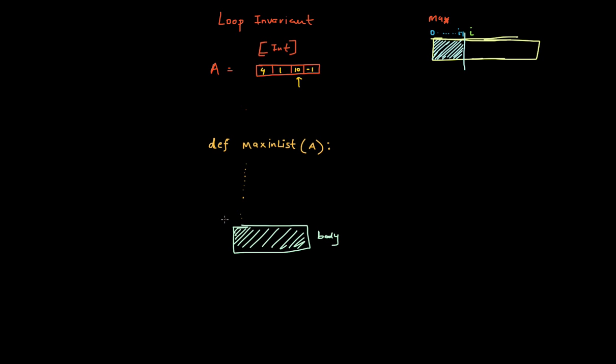What I have here is the start of my while loop, with some condition, and this over here is some return statement, where I return whatever is the max element that I found. Just to be consistent, let's call this max element. I'm going to return some max element from this function.